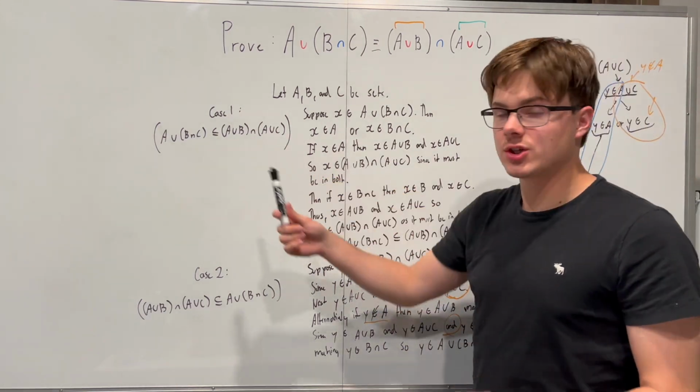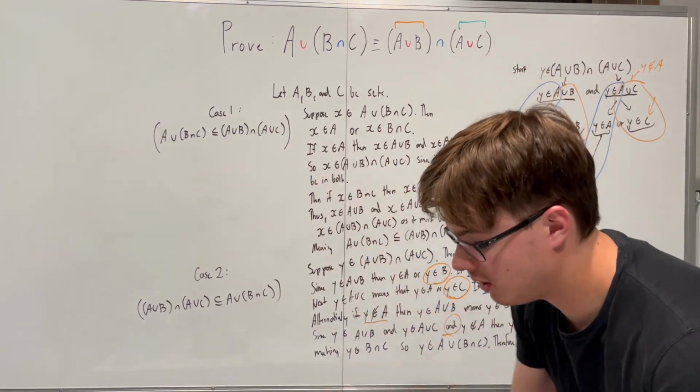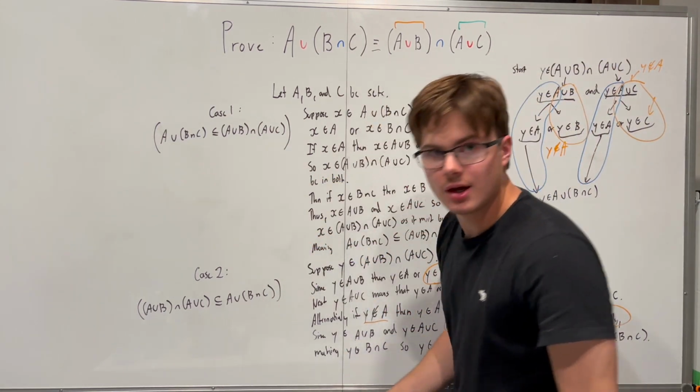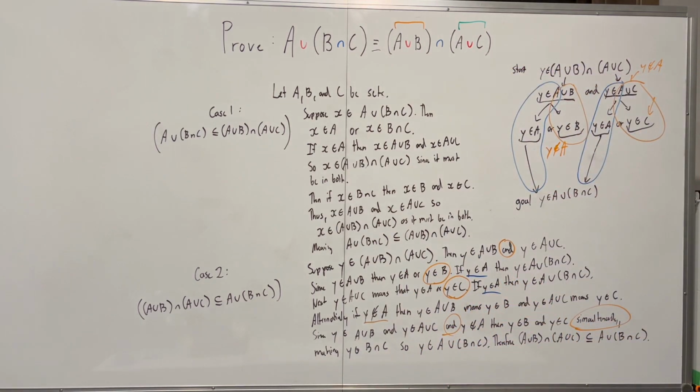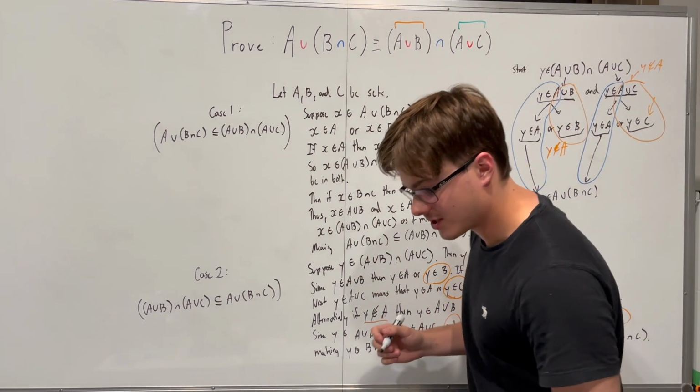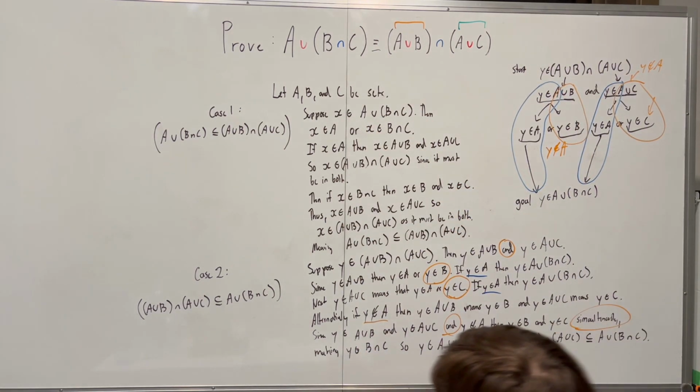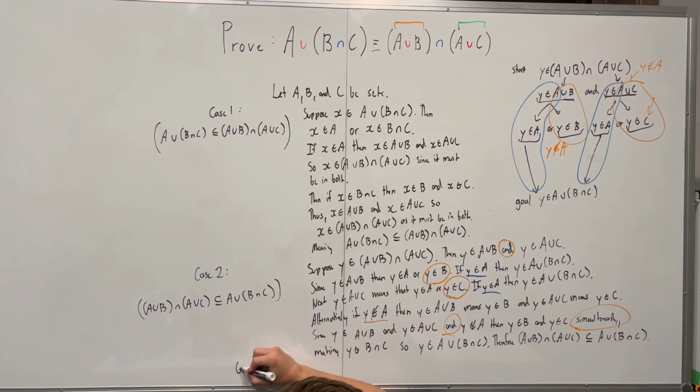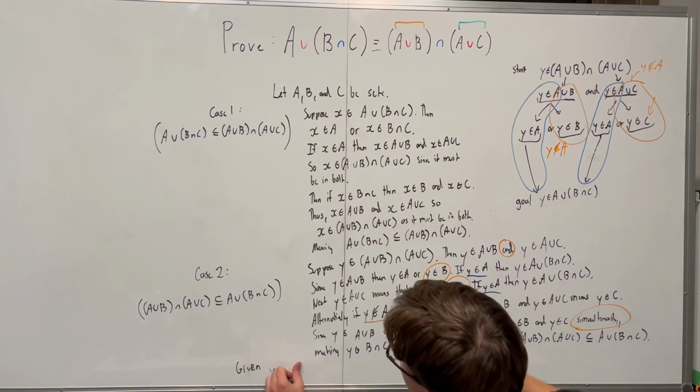We've showed that they are subsets of each other, which means that they are equal to each other. So we can just write, let me quickly check if the camera even will see this bottom side of the whiteboard. Okay, we're good. We'll see the bottom side of this whiteboard if I were to write down here. So let's write given A, or no, we'll start with our first case.